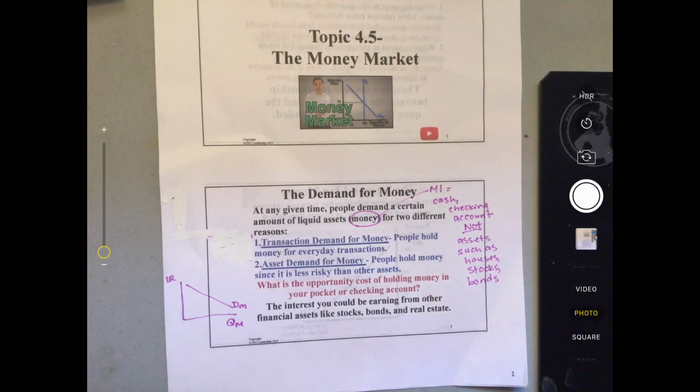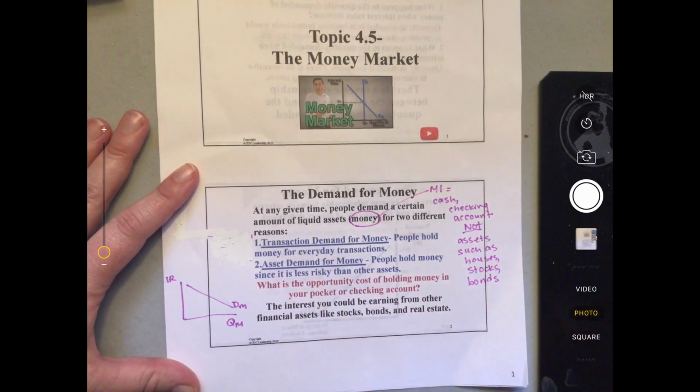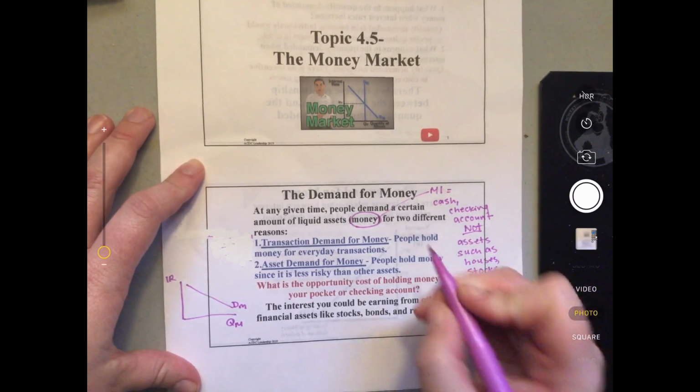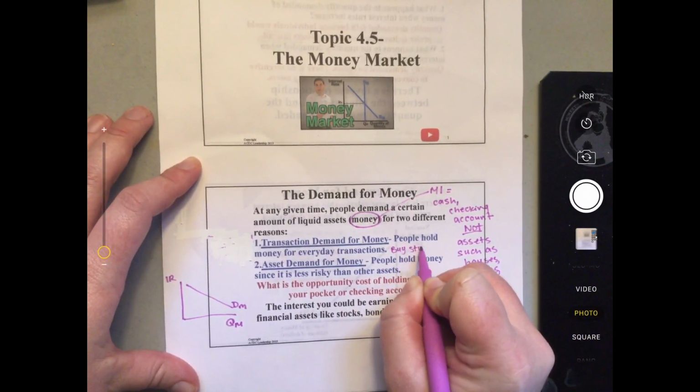So this graph refers to just M1. Why do we demand cash or checking accounts? We demand it first for transaction purposes, for everyday transactions. Essentially, we need money in order to buy stuff.